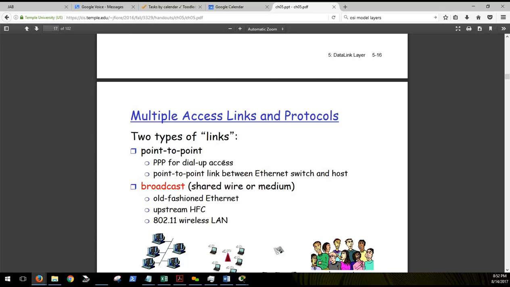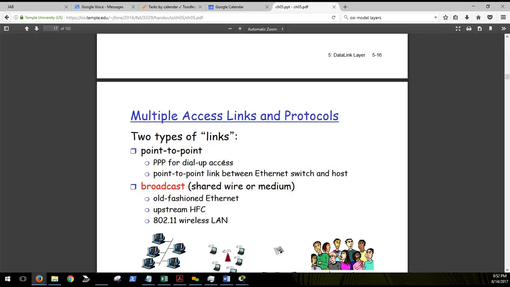What device would you consider to be shared? Think about the different networking devices that we have.